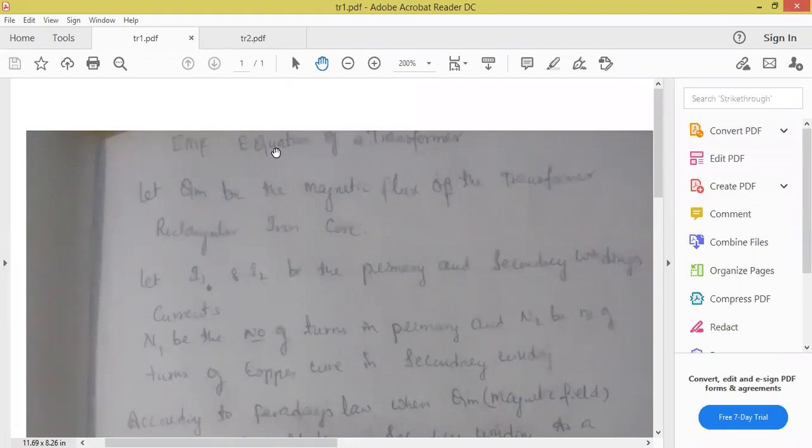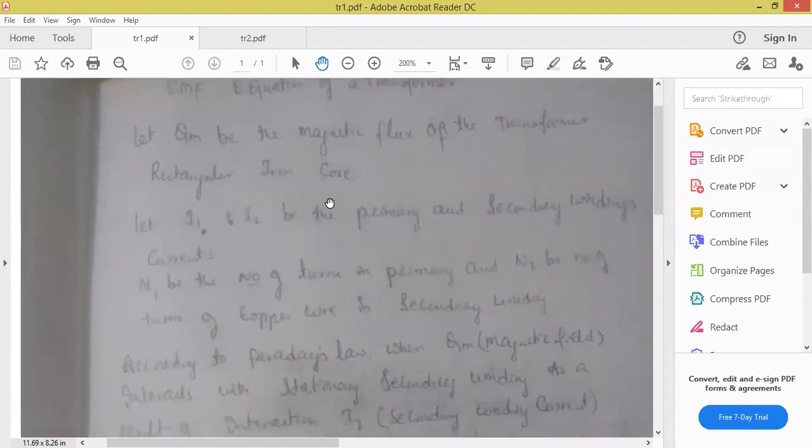Now for that, we have to make an assumption. The transformer contains a rectangular iron frame or iron core. Inside that iron core, let phi m be the magnetic flux of the transformer's rectangular iron core.